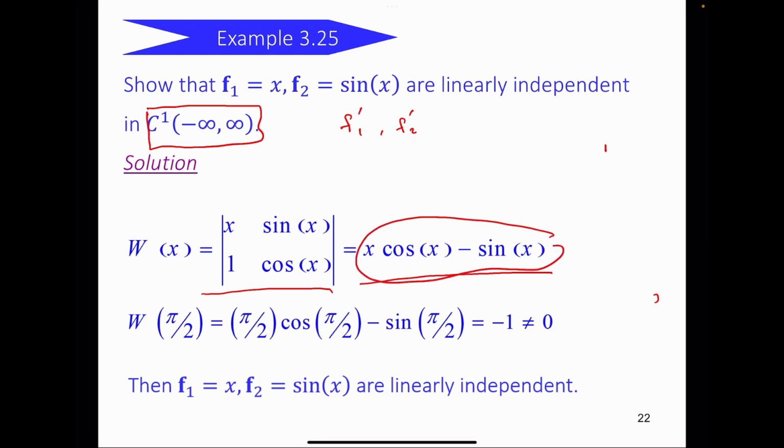This is because we can find some value of x such that the value of W at that point is not zero. Then the set S, which contains f1 and f2, is linearly independent.